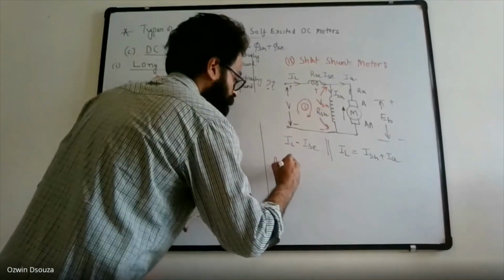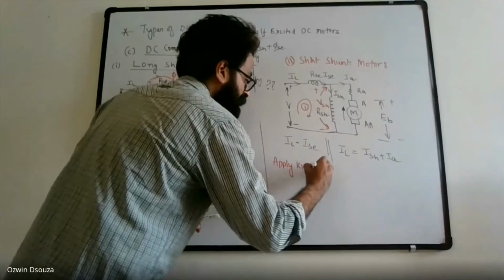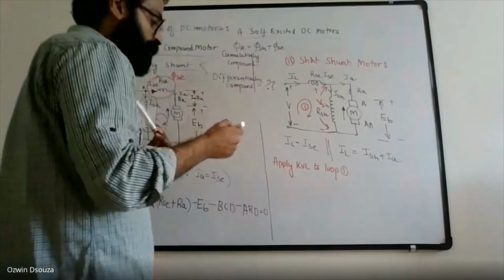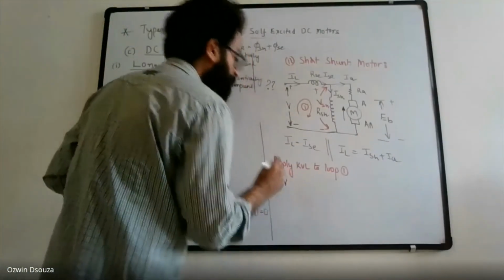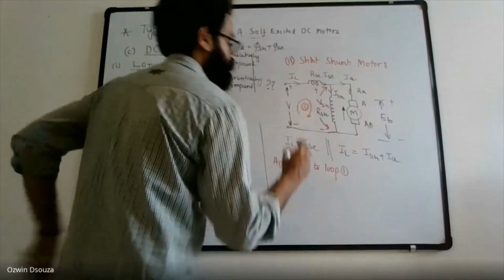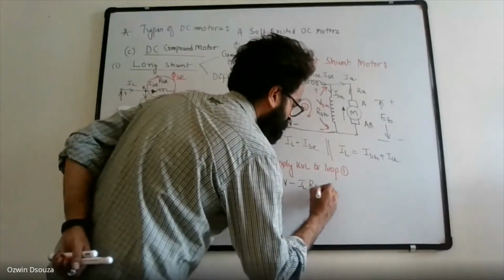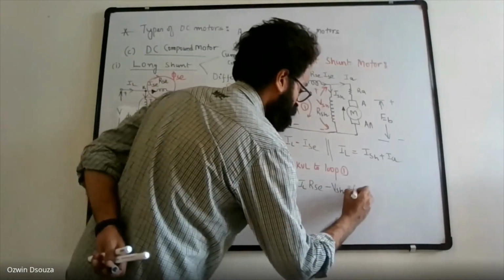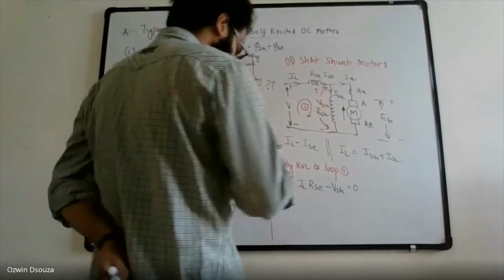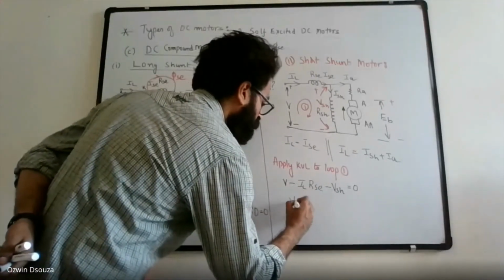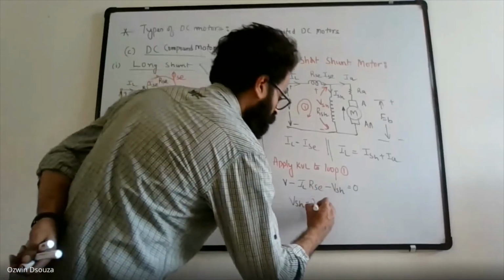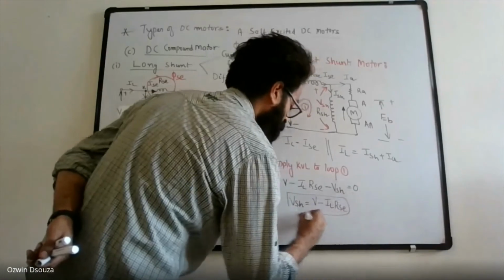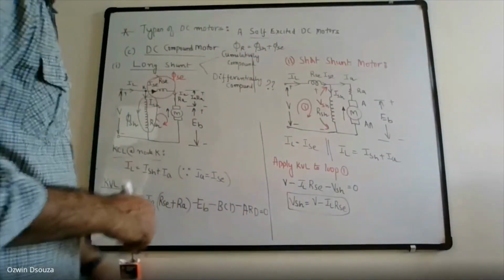Applying KVL to loop 1, we get supply voltage V minus IL RSC minus VSH is equal to 0, or VSH is equal to V minus IL RSC.